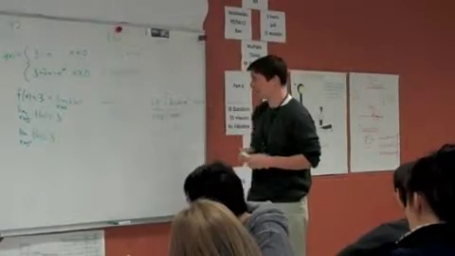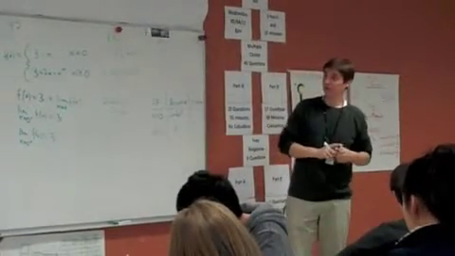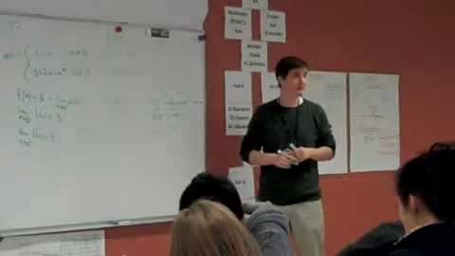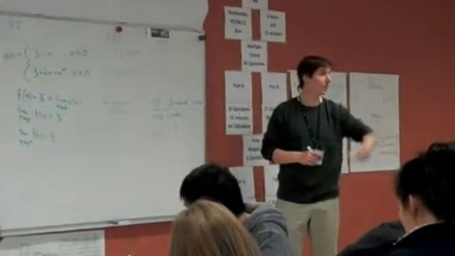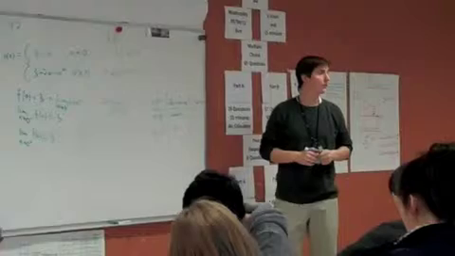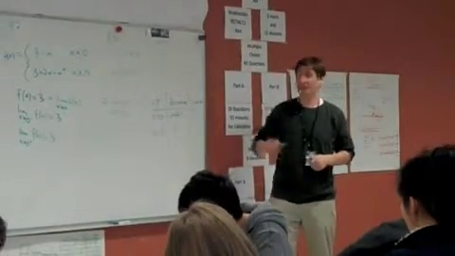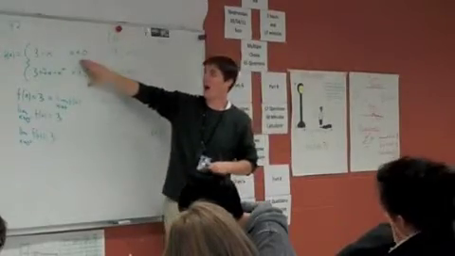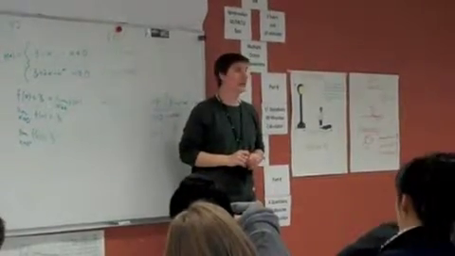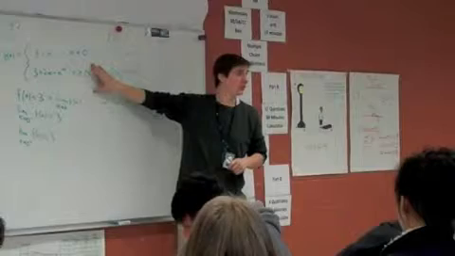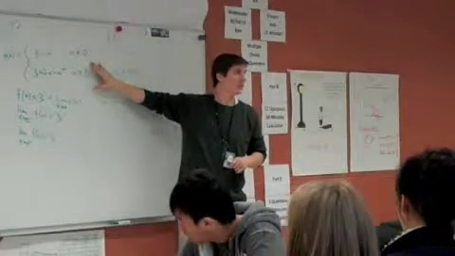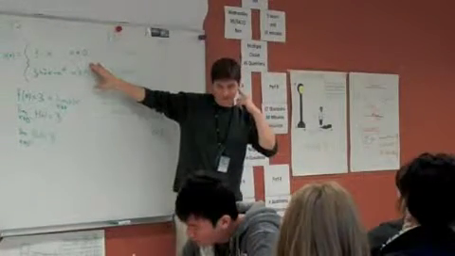What's the y value at 0, Lauren? How did you get this number? On this function, I want to know what the y value is at x equals 0. What do we need to do? Where do we plug in the 0? Which one?